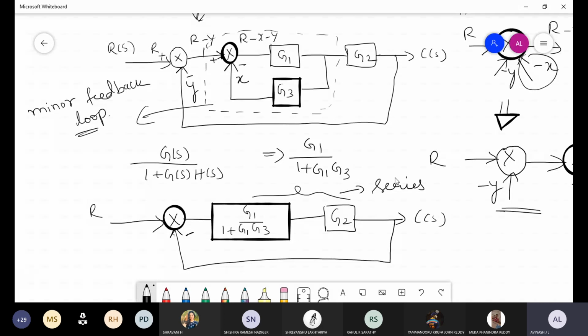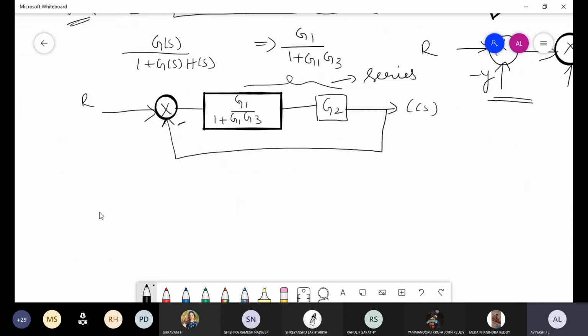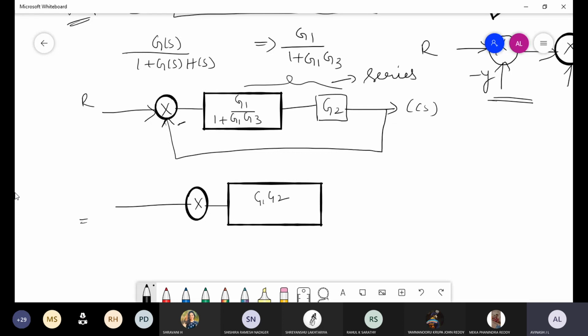Now, if these two things are in series with each other, now just multiply the block values. So when you multiply this particular block value, what you will get? The block value will be G1 multiplied, once again the numerator will get multiplied, G1 G2 divided by 1 plus G1 G3.